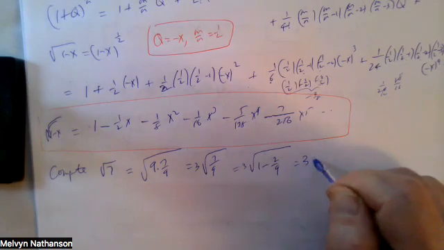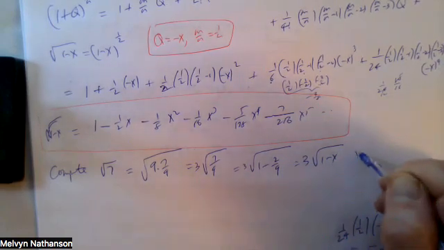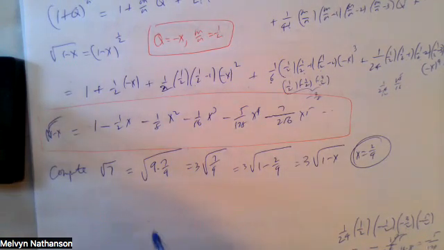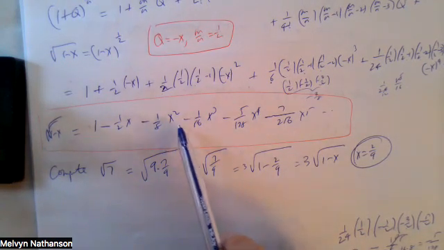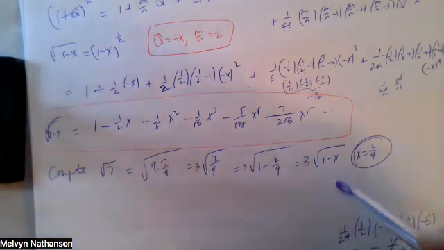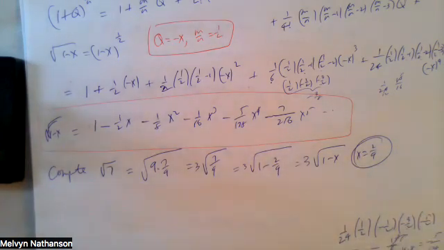So this is 3 times the square root of 1 minus x, where x is 2/9. So if I plug 2/9 into this formula, I can get a rational number that approximates this. Right? So what do I get?